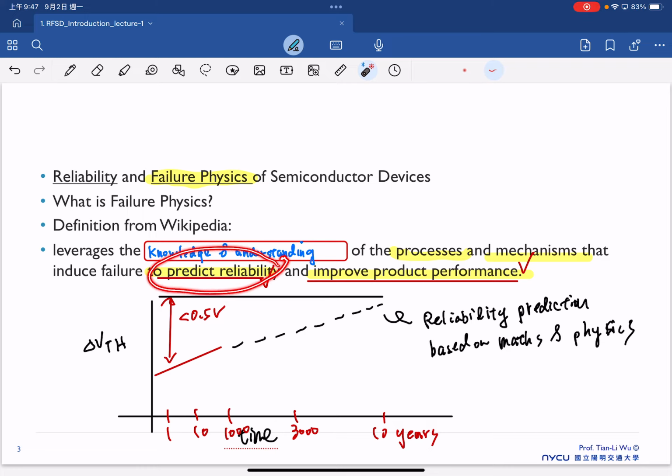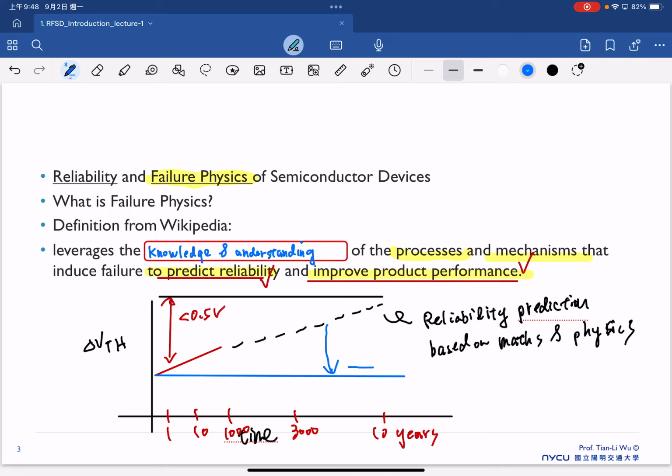But of course, in the end, we still need to try our best to improve the product performance and reliability. So therefore, our goal is still to improve the reliability as much as we can. And if we can make this chip as small as possible, that can certainly improve the reliability here.